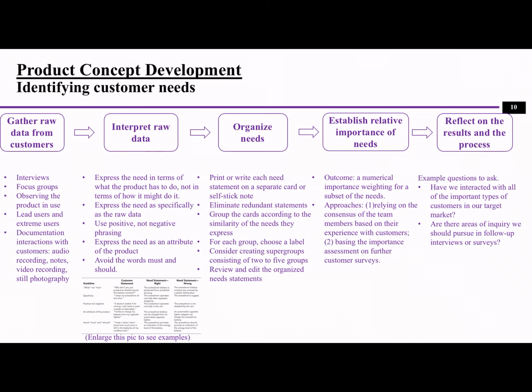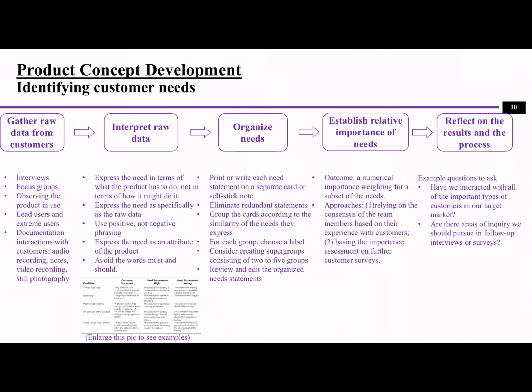For identifying customer needs, there is a method with five major steps. The first step is to gather raw data from customers. There are many different ways to gather data: interviews, focus groups, or observing how others are using the product, or you can invite some lead users or extreme users, right?